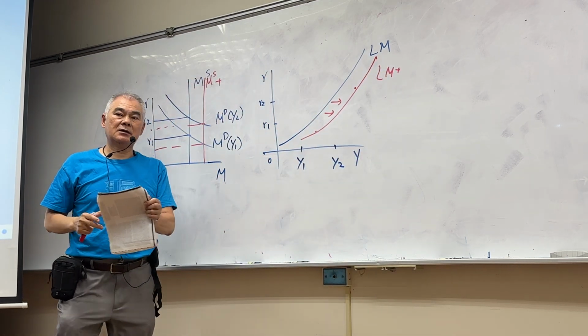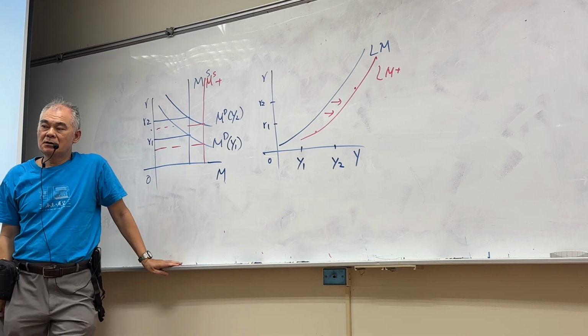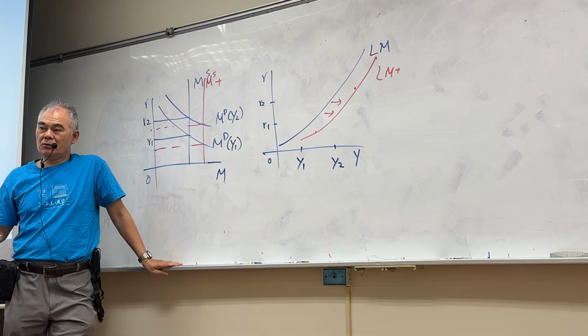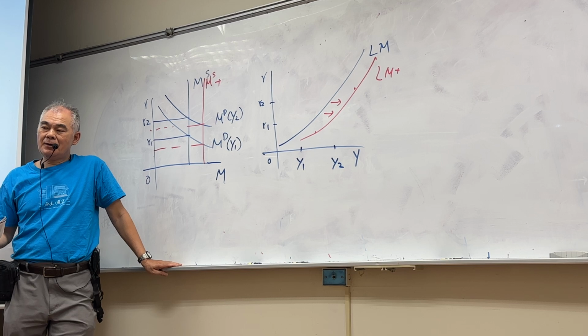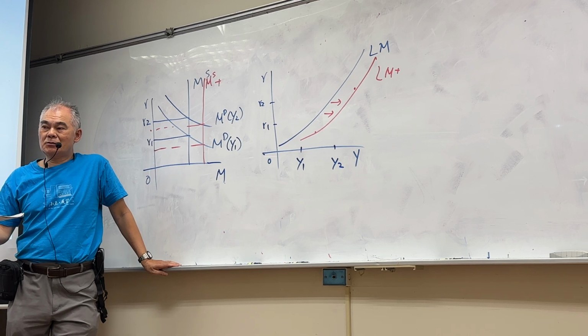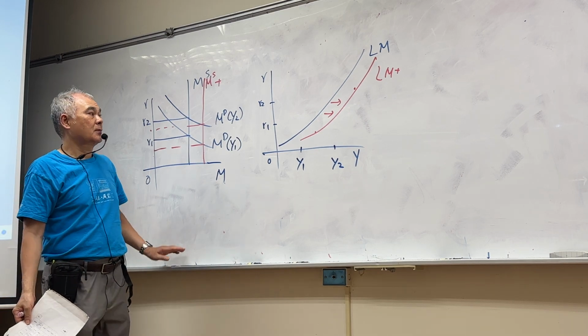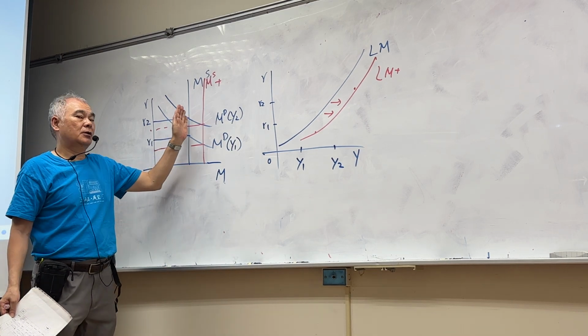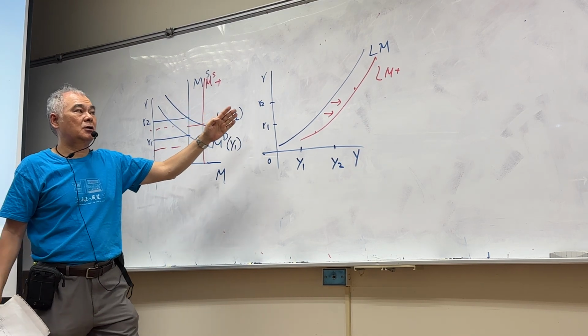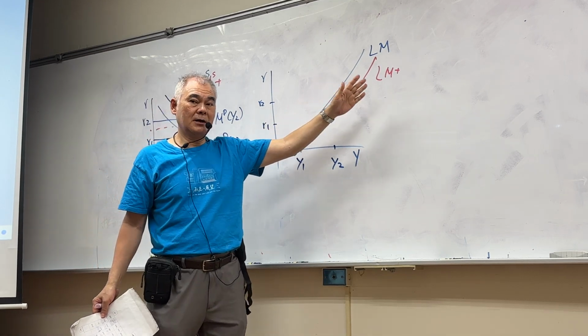That means if it is expansionary policy, if you increase money supply, or any policy that increases the stimulus to the money market, then you're also going to stimulate the goods market. So, increasing money supply shifts this curve to the right.